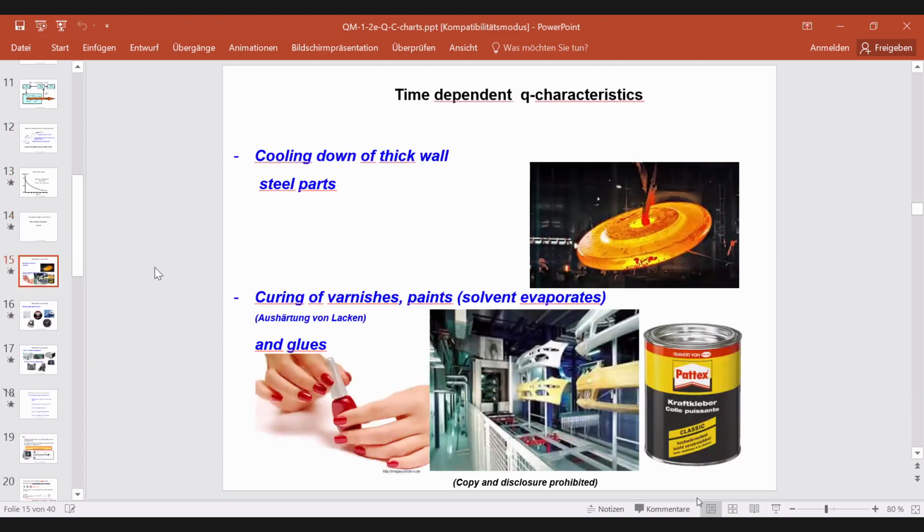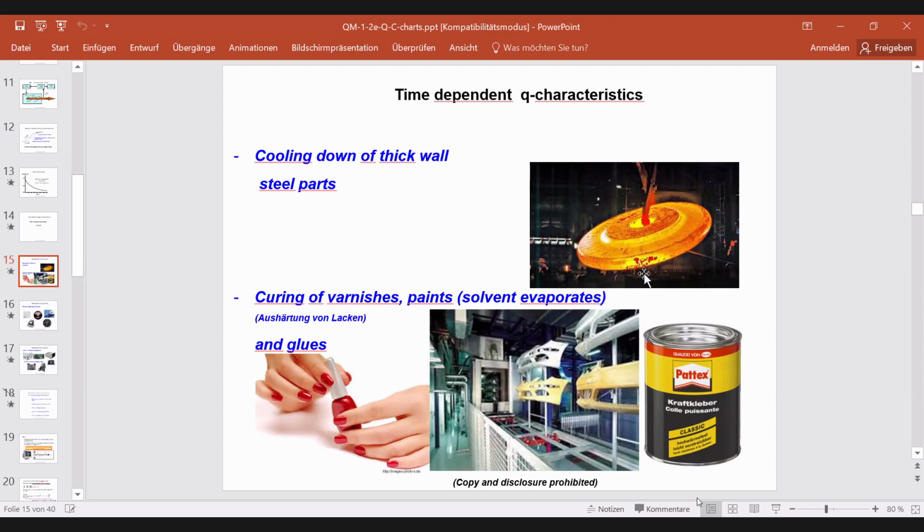What can be an example for this? If you think of the cooling down of thick-walled steel parts, this can last hours or maybe more than a day.